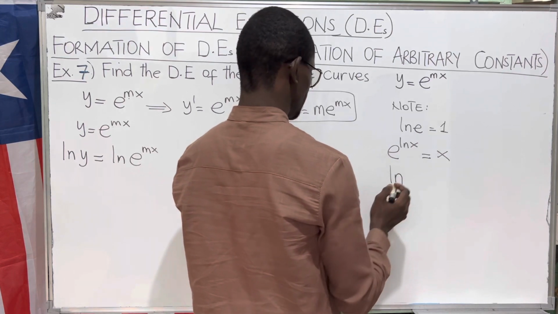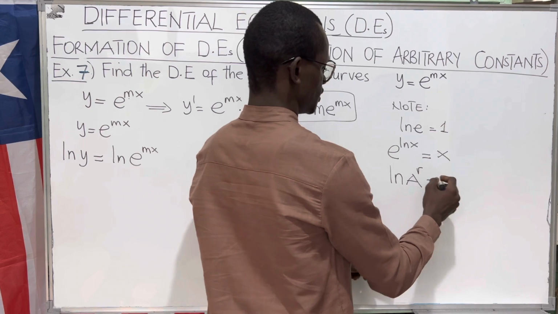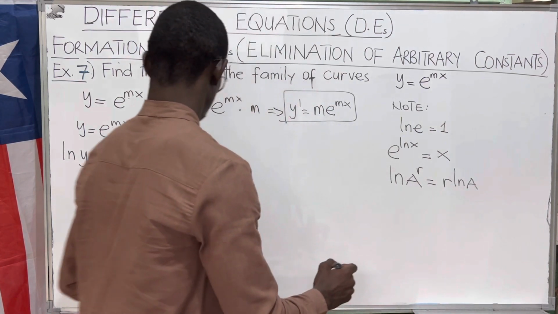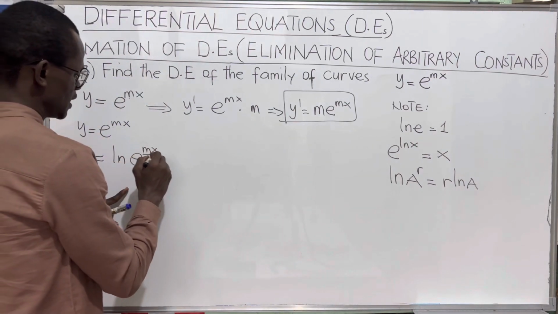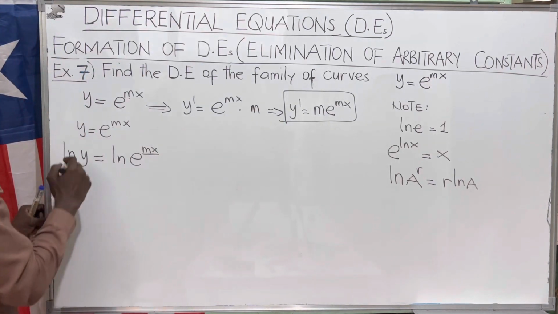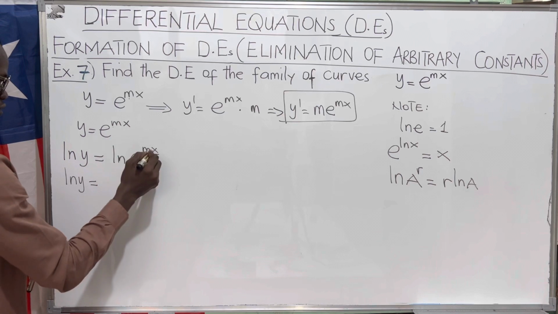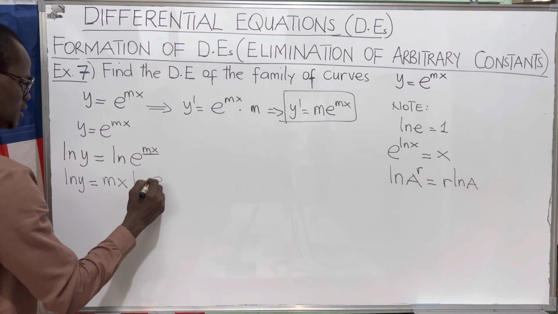also, the ln of a raised to r is equal to r times the ln of a. So this a represents our e and mx represents our r. So we have to drop that expression. So ln of y equals, if we bring this mx down, mx ln of e.